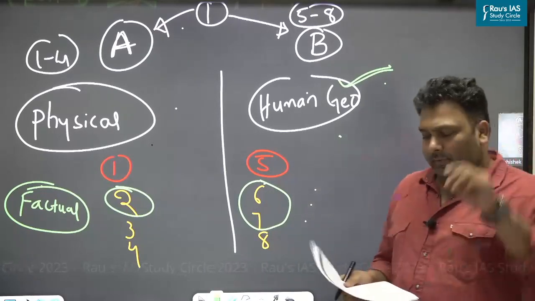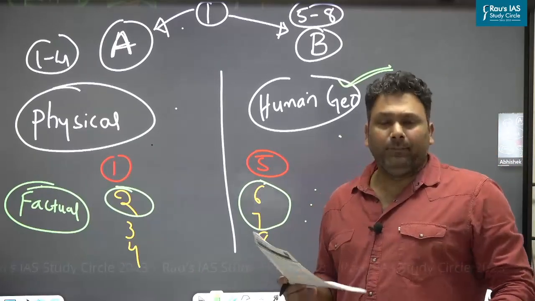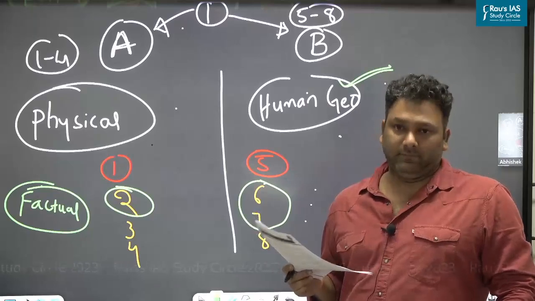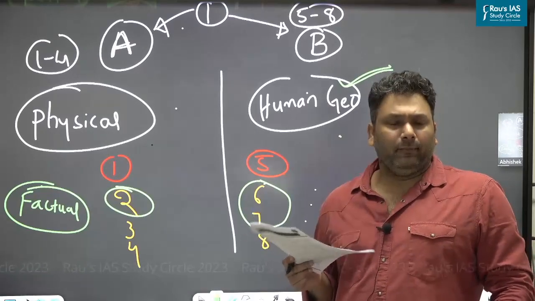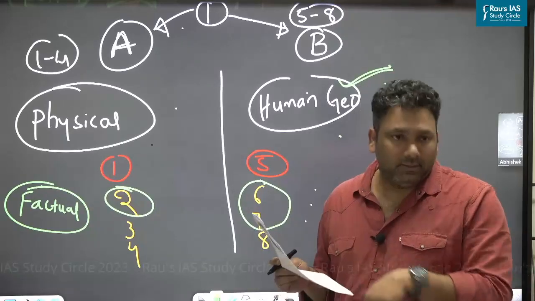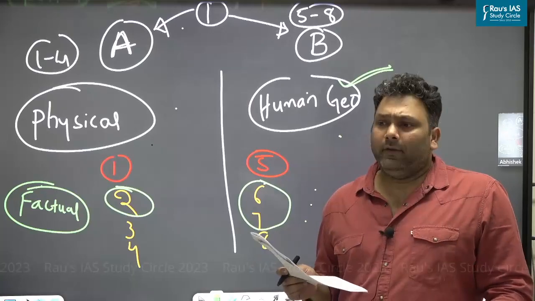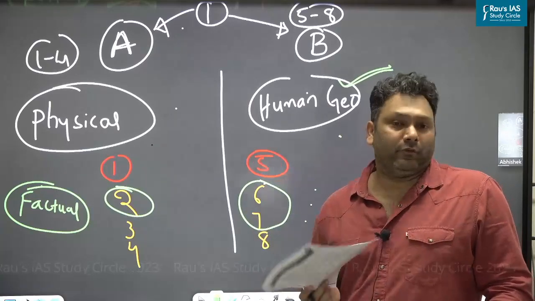Now come to human geography. The first one is the perspectives in geography. The perspectives is a philosophical part. This philosophical part I'll be doing after I complete the entire human geography and physical geography. Because that is when you'll be having a good idea of geography.